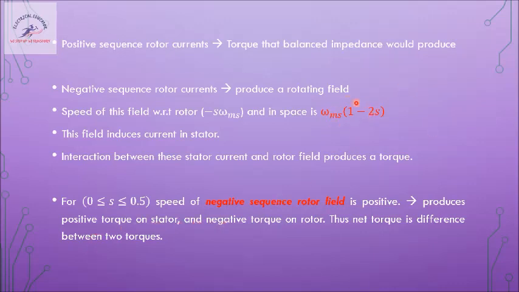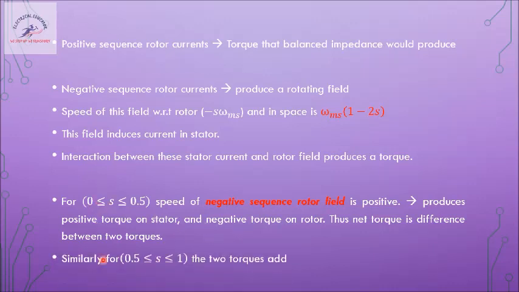So if this value is positive, it produces a positive torque on the stator side, and since this term is negative here, it produces a negative torque on the rotor side. So what is the net torque? The net torque is the difference between these two torques.